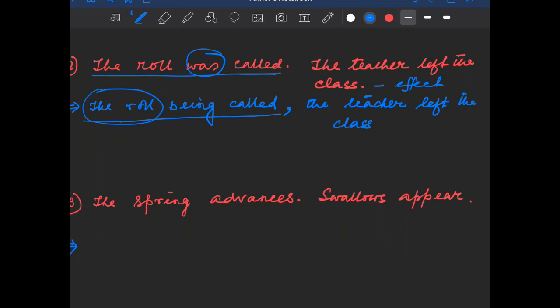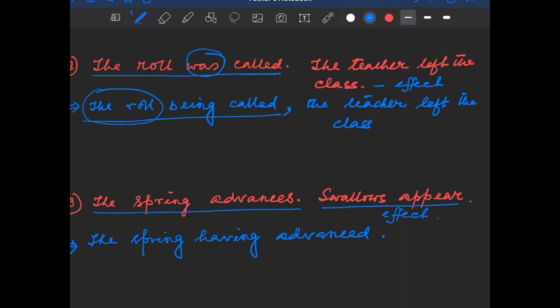Number 3. The spring advances. Swallows appear. This is the effect and we will keep this effect and we will make this absolute. No be verb is there, so we will use having. The spring having advanced.